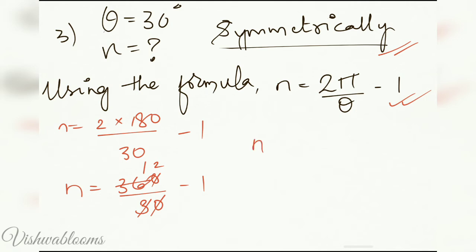So n is equal to 12 minus 1, and n is equal to 11. So the number of images formed is 11.